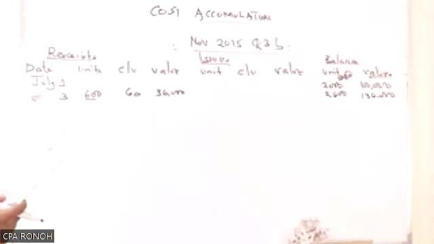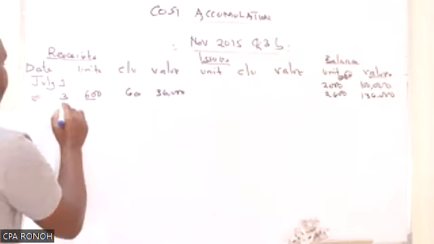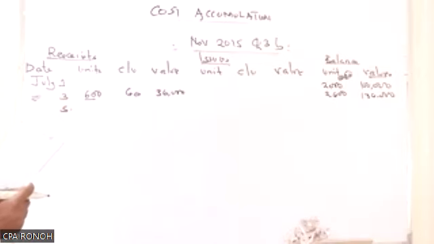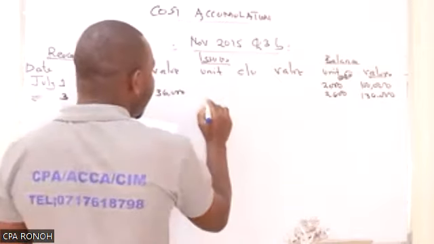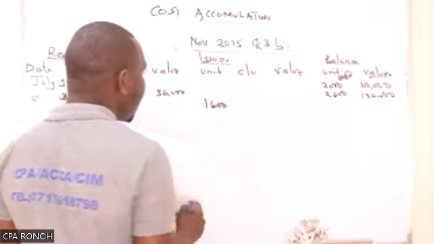The next date is 5th July. What happened on 5th July? We issued 1,600 units.